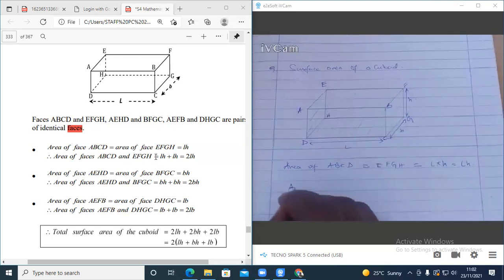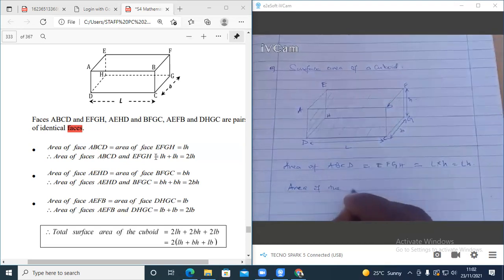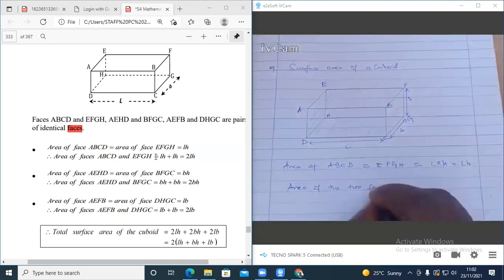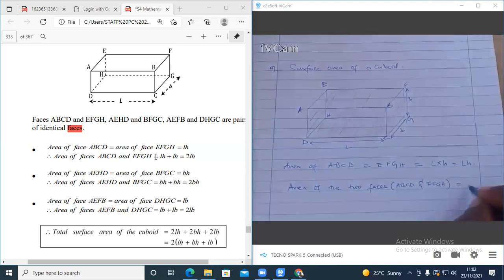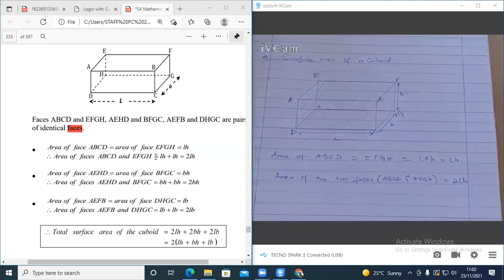So the area of the 2 faces will be equal to twice LH. So we multiply by 2.